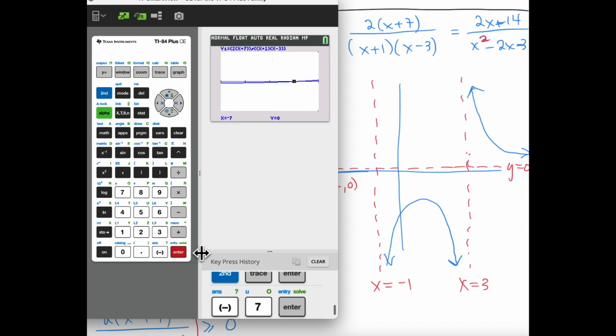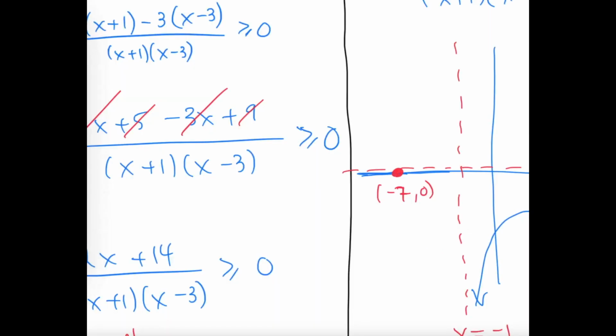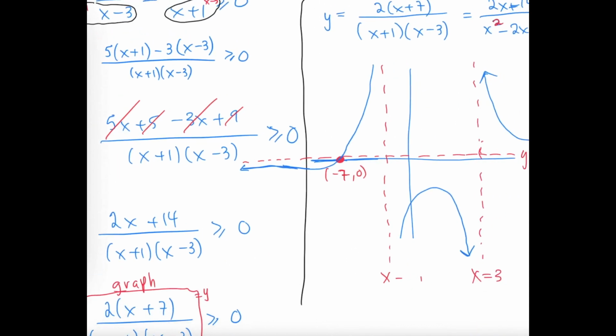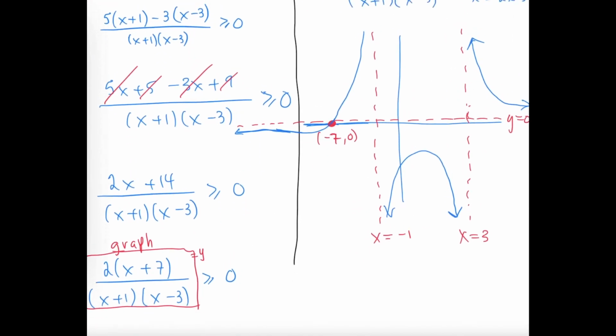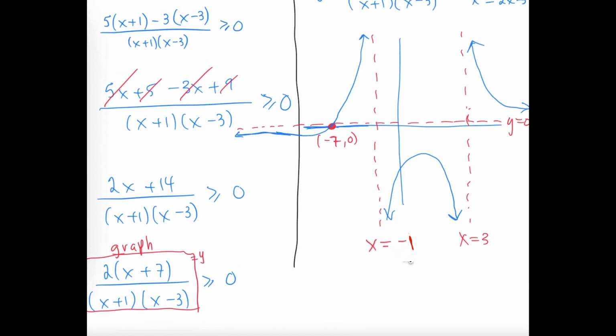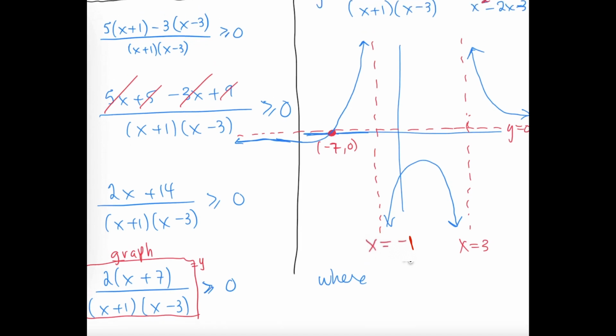So on our picture, let's say that our graph is coming in here. It's got to cross at -7, and then it's going to come back to approach that horizontal asymptote. It's going to have to ultimately be approaching the asymptote out at -infinity. So maybe that'll help us to figure out what our solution set is, because we're looking for the x values that cause this function to be greater than 0.